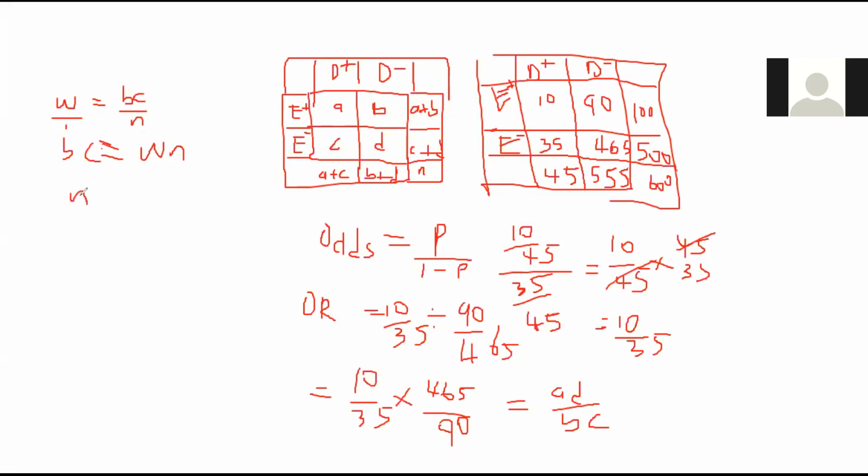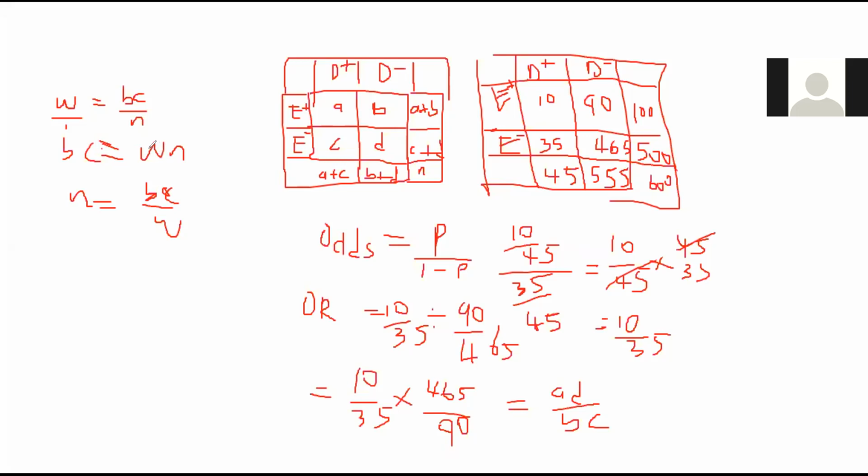Of course, N will also be BC all over W. But just look at BC equals WN, and that is what is used to replace it.